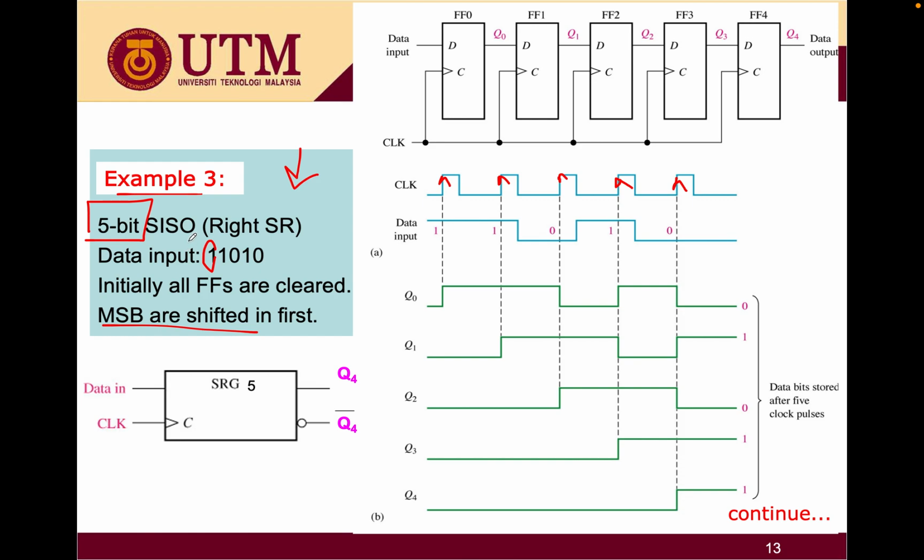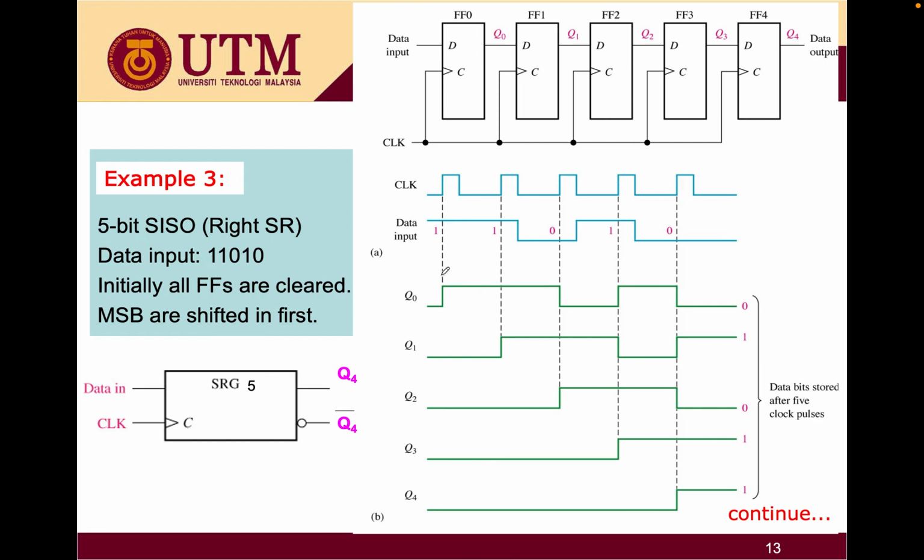Your data in, you're going to have 11010. So for the first clock, for your first flip-flop, which is Q0, your input now is 1, so that's why it's going to be 1 there. After that, this is clock 1.